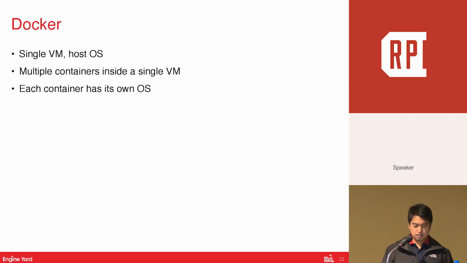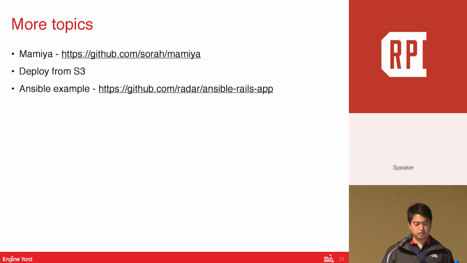So for more reading, if you decide to do more complex deployments, I've heard about Mamiya recently. There was a talk at Ruby Kaigi. It was used by Cookpad, and they have 150 servers, and Capistrano is slow.